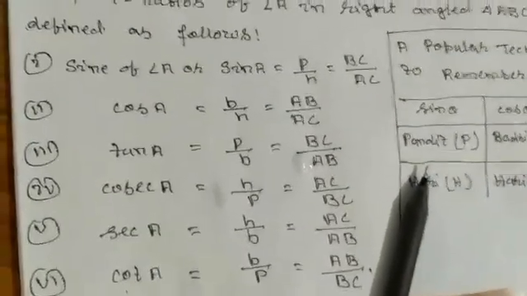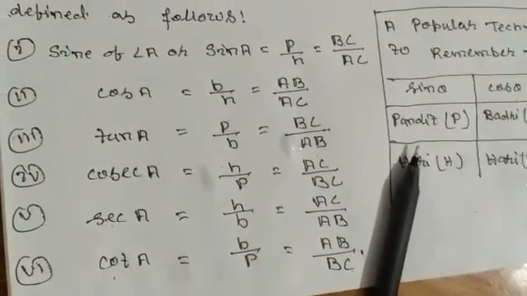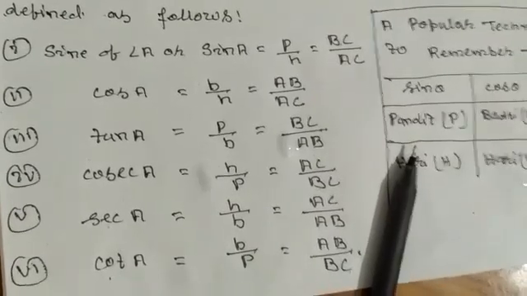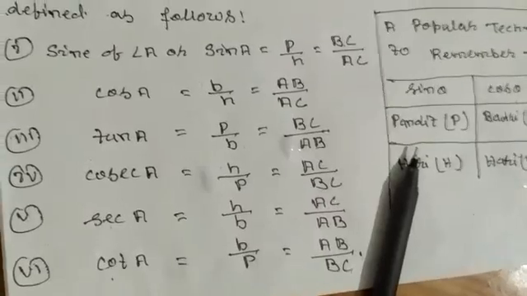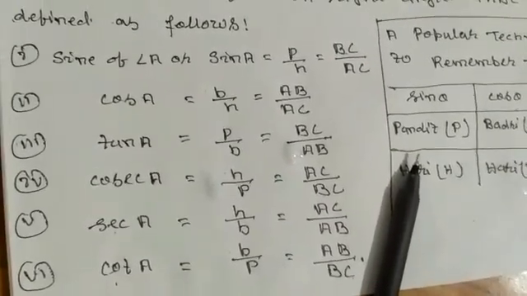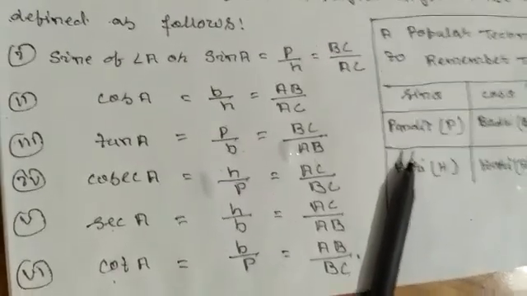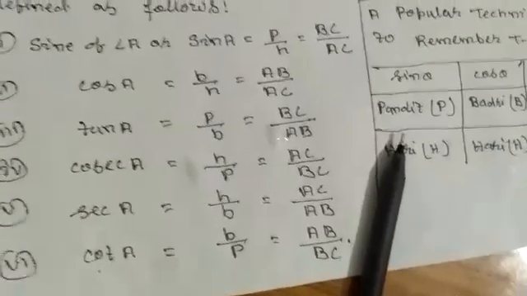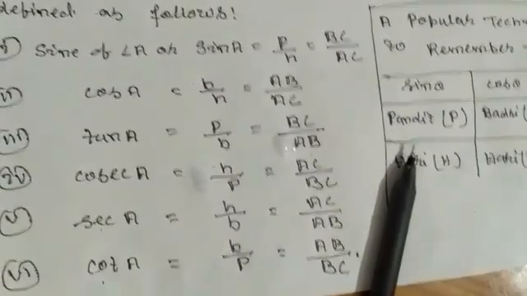Sine is a reciprocal of cosec, cos is a reciprocal of sec, tan is a reciprocal of cot. So we have sine A into cosec A equals 1. This is a formula. Cos A into sec A equals 1. Similarly, tan A into cot A equals 1. You can verify this formula with the help of the trigonometric ratios.